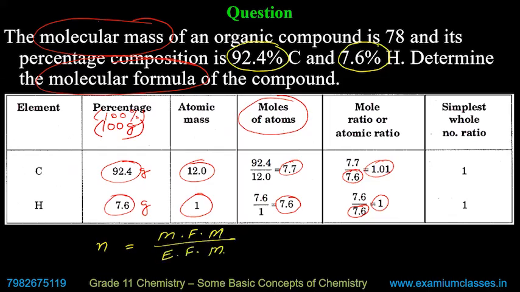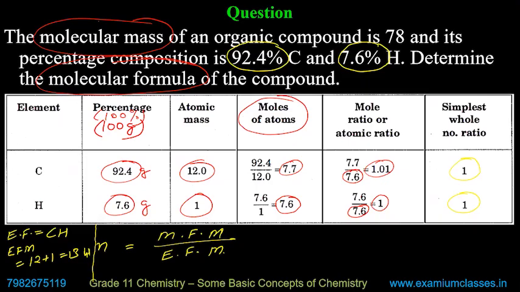In examinations and tests, you will write complete forms, don't write M, F, M or E, F, M. So the empirical formula, in this case, is CH. A 1:1 ratio means there is one carbon and one hydrogen. Hence, the empirical formula mass will be 12 plus 1, that is 13. Is this clear up to here or not?